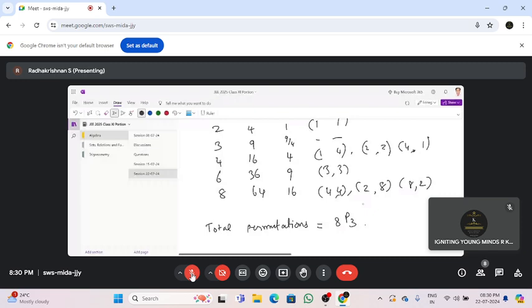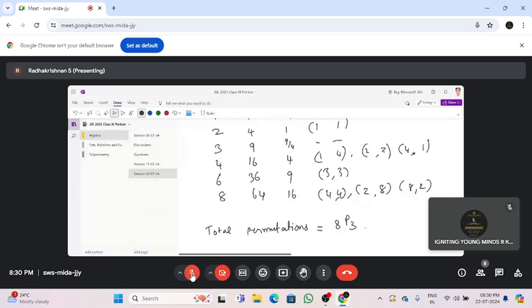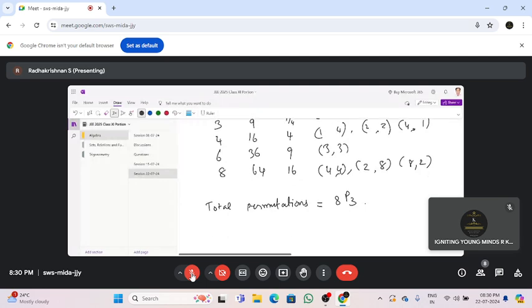You have to pick up 3 numbers, and each order is counted separately. Sorry, when repetition is allowed, it is 8 cube.